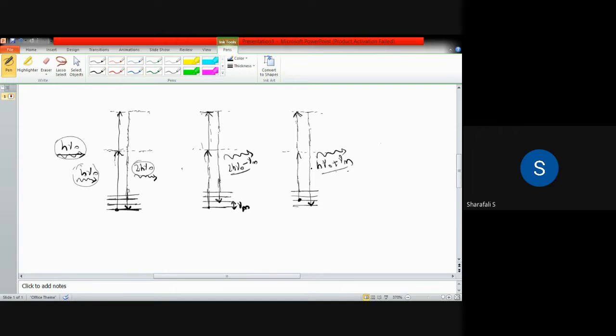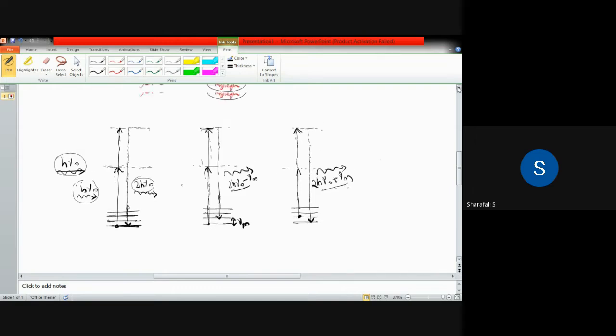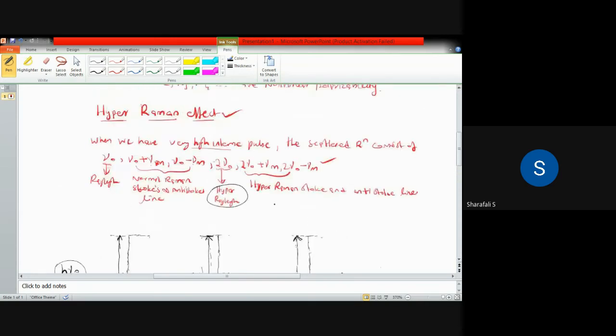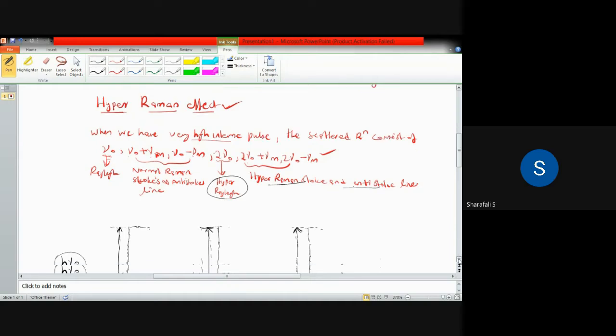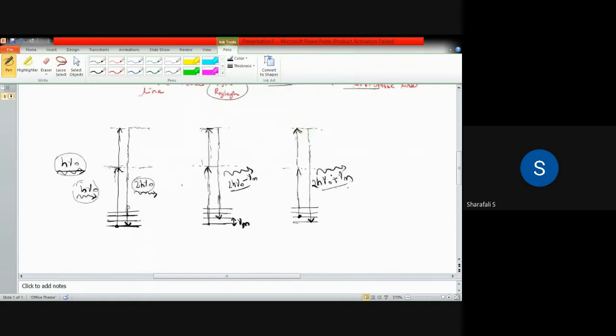This is the hyper Raman anti-Stokes effect, corresponding to the anti-Stokes line because the frequency has increased. And since it is starting from a higher energy state, not from the ground state, the number of molecules in the excited state will be less, so the intensity will be correspondingly less.